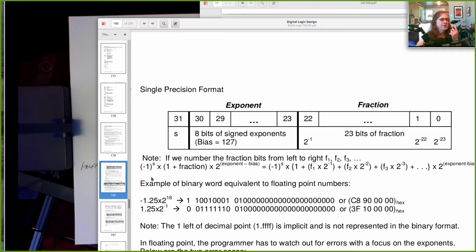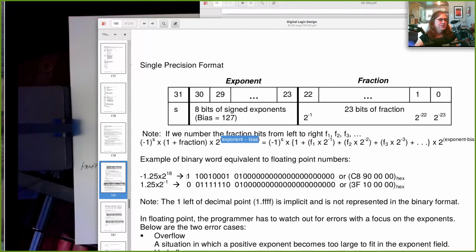If s is 1, negative 1 to the 1 is negative 1. So this is either plus 1 or minus 1, depending on the sign bit. Then you multiply that by your fraction plus 1, because there's that 1 to the left of the decimal point. And then you multiply that by 2 raised to the value that's stored in here minus 127, because the value that's stored is your true exponent plus 127.